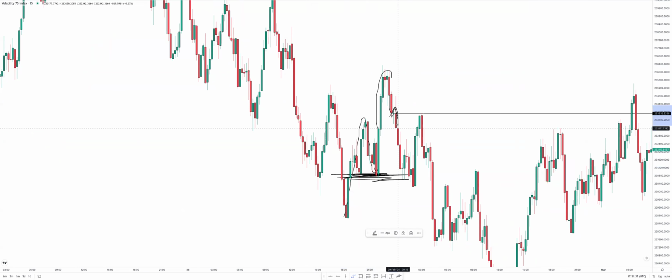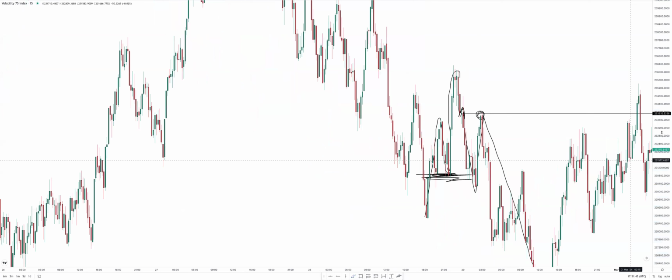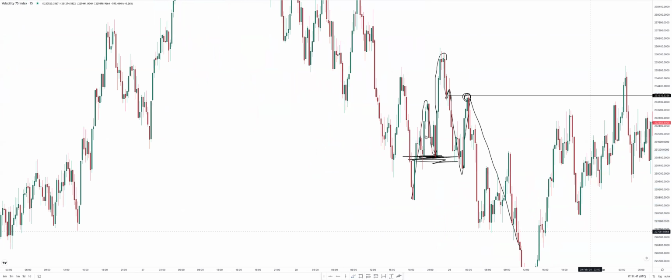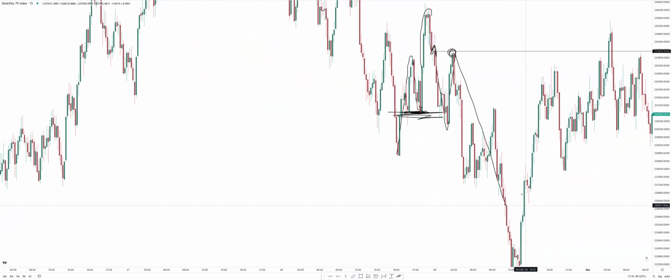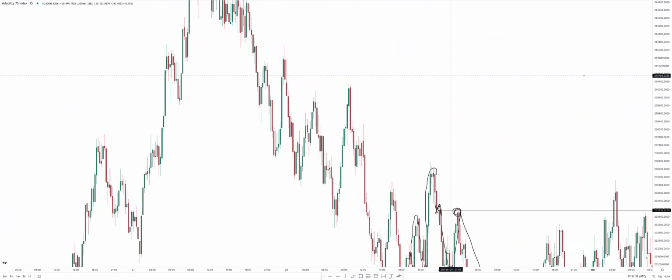Price created this invalidation X, and price came back to respect our invalidation X, and we had this downtrend. We had this sell trade right here. Any other questions till then?